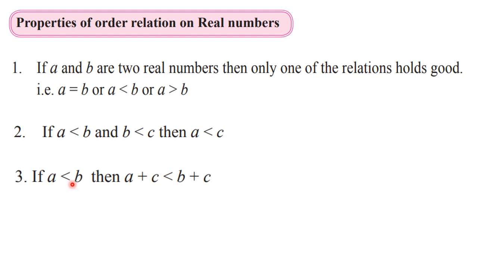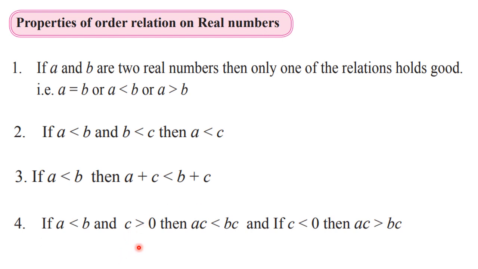So if A is less than B, then A plus C is less than B plus C. That means we can add the same number to both sides of an inequality, and the sign in the middle does not change. So if A is less than B, then A plus C is less than B plus C.